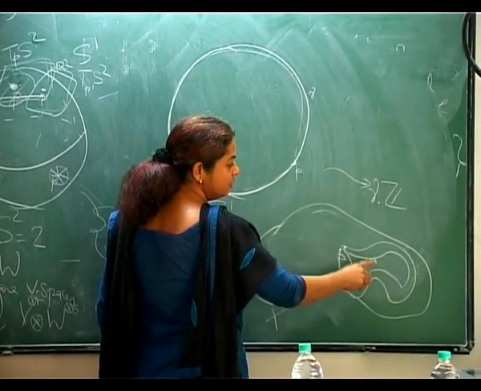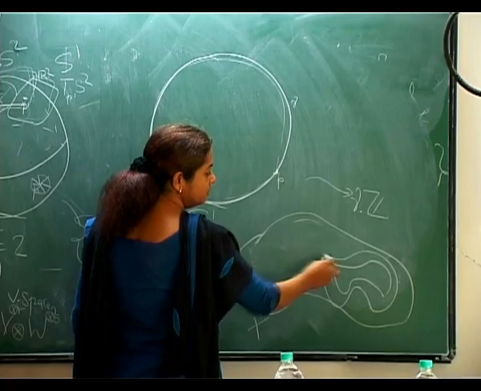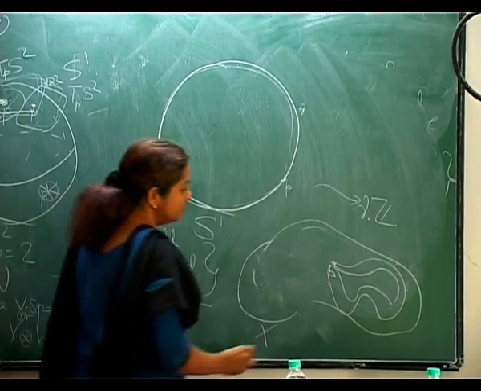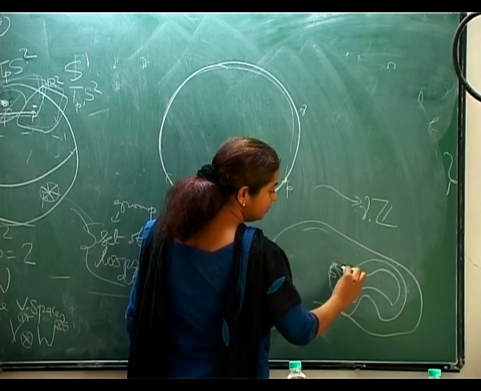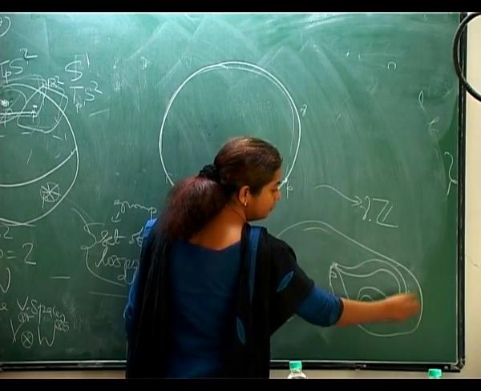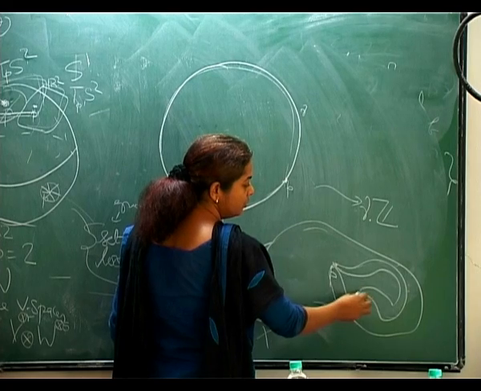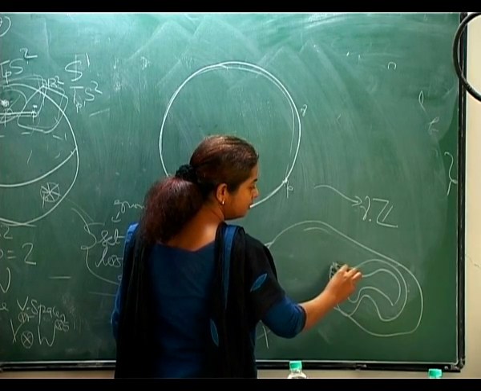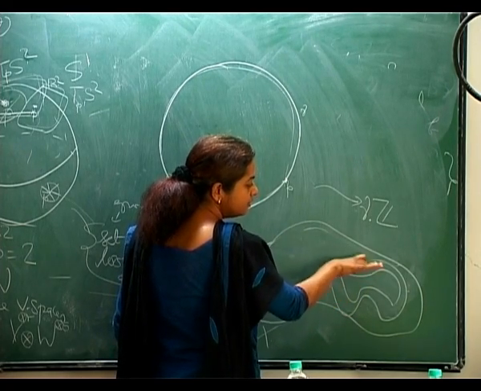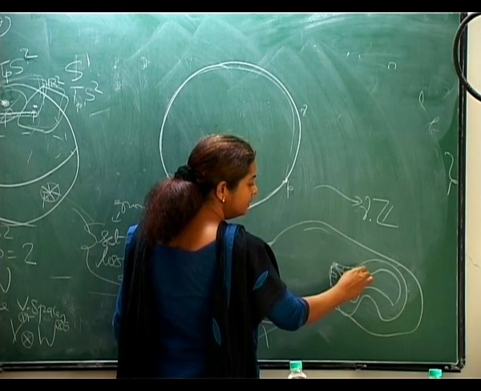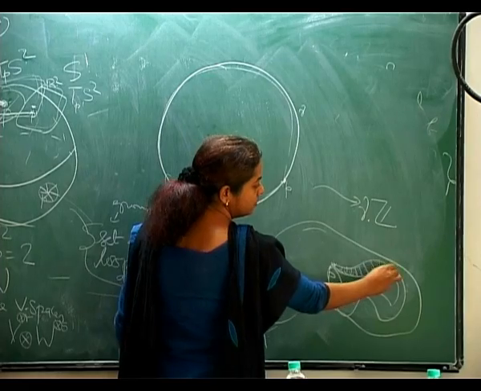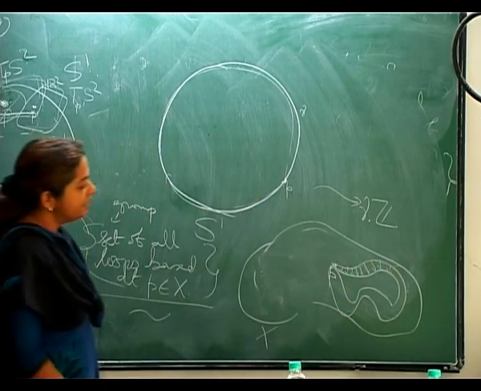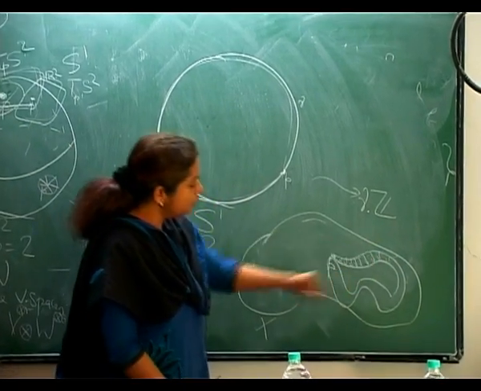This is another loop. How can you identify them? You can just deform the bigger loop which goes around the smaller loop, you just shrink the bigger loop. That means you deform it and identify it with the smaller loop.